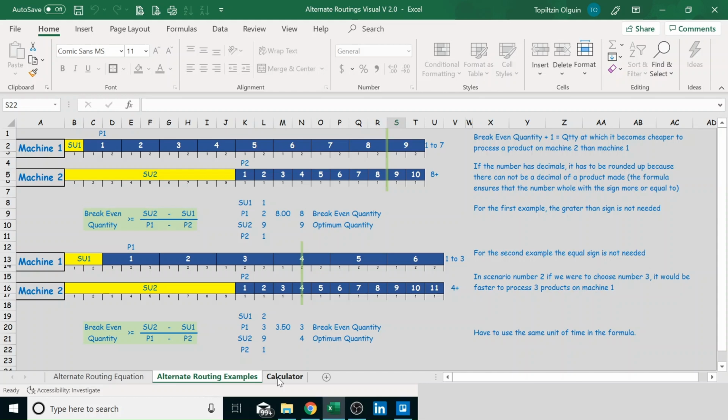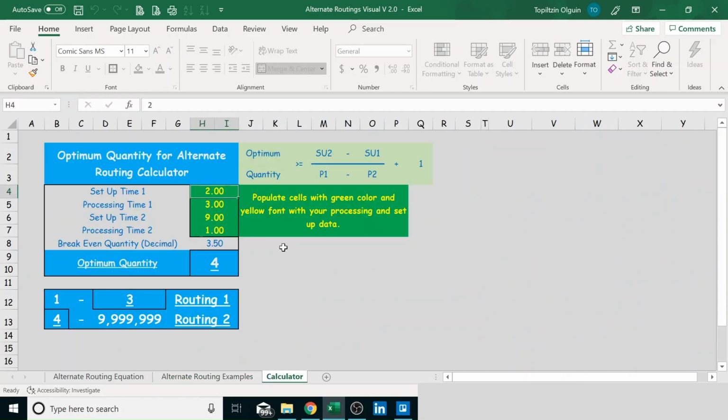Now let's look at the calculator. This calculator is locked. You can only input numbers here. Any inputs, by the way, on this blog and video blog, we use this color of cells, green cells, and yellow numbers. That means user-defined input.